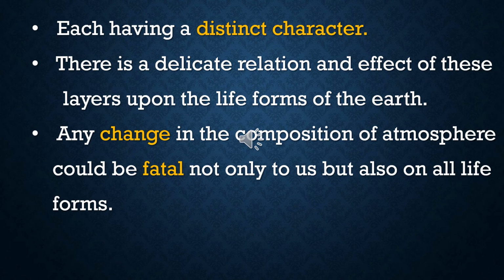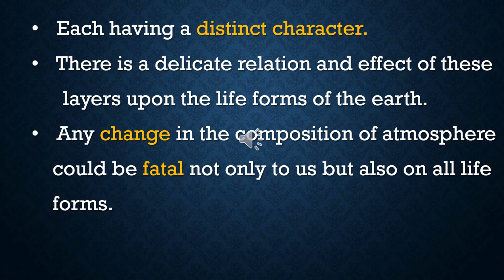Everything is distinct from layer to layer of the atmosphere. There is a delicate relation and effect of these layers upon the life forms of the Earth. It means these all layers have a relationship and effect on the living organisms on the Earth.